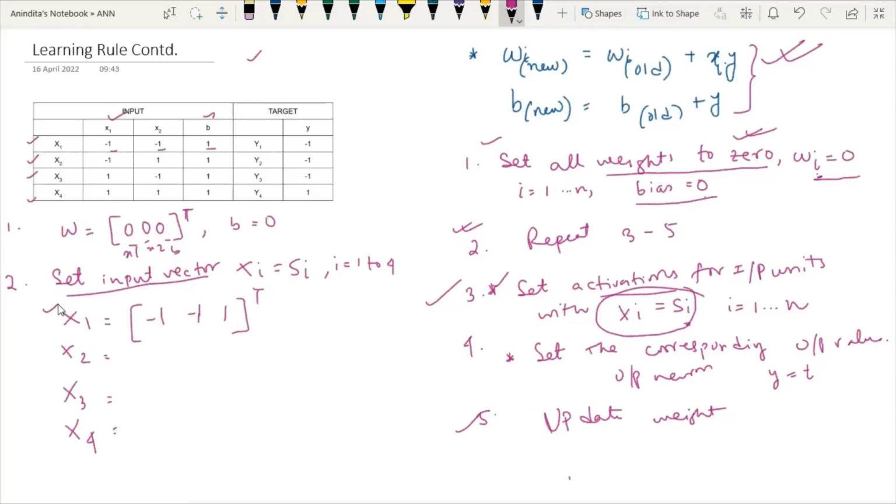So I'm setting the first input vector x1, meaning I have to write minus 1, minus 1 and 1. Now how am I setting the second input vector? It is minus 1, 1, 1, then transpose. So similarly, I can set all the input values like this.